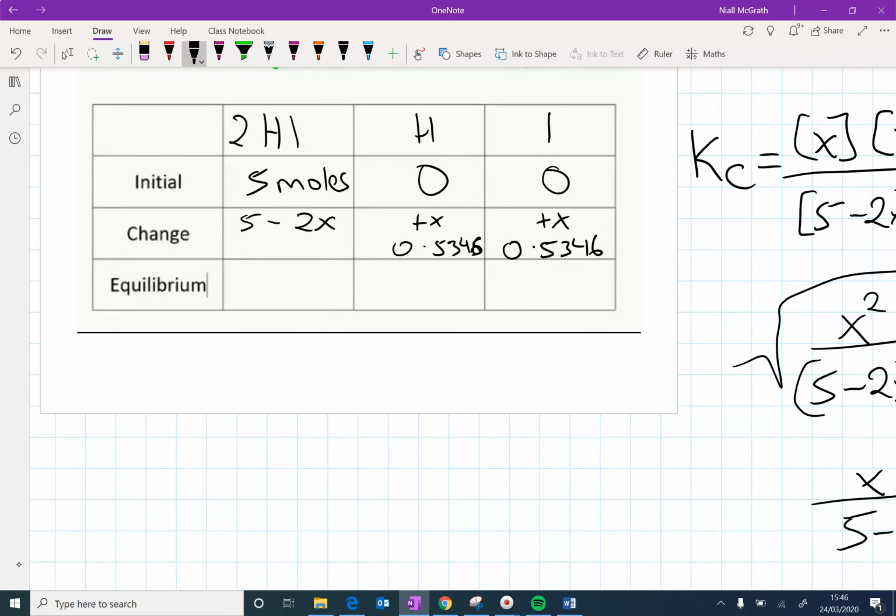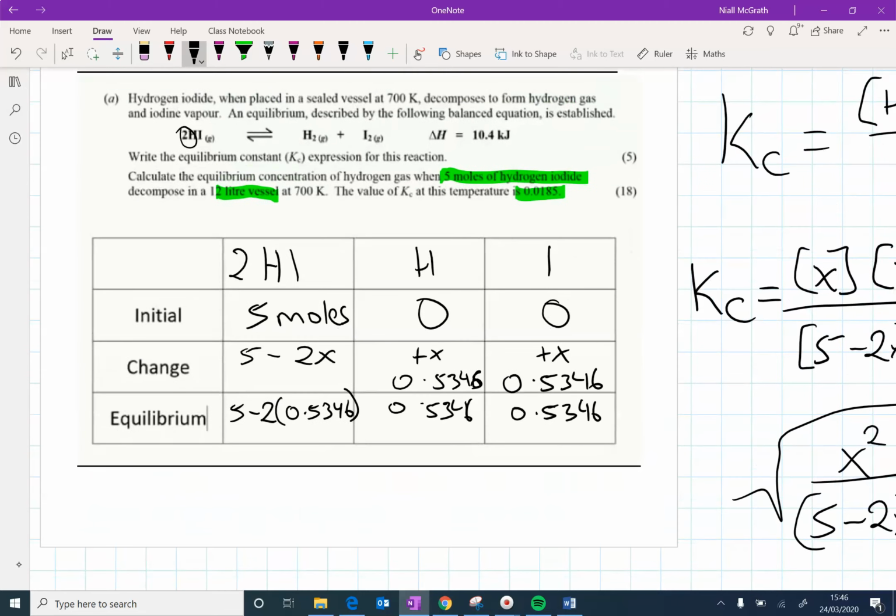Okay, so at equilibrium we're going to have 0.5346 moles, 0.5346, and here you're going to have 5 minus 2 multiplied by 0.5346. Now, they are not the concentrations, because in our question it says that it took place in a 12 litre vessel.